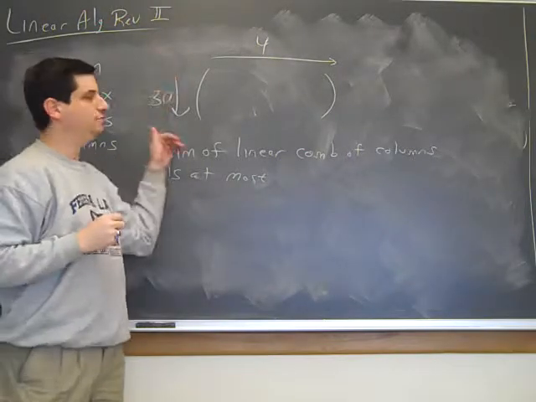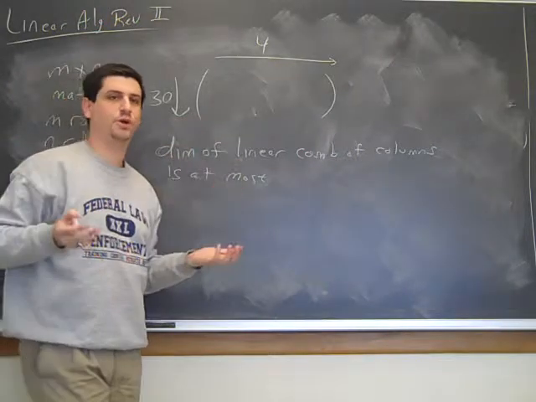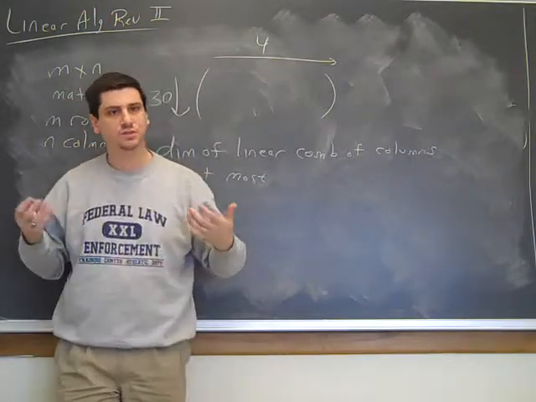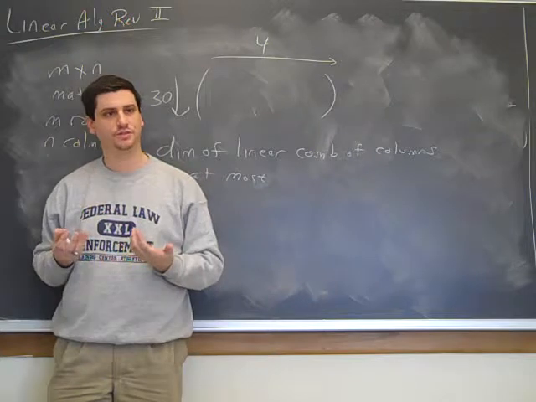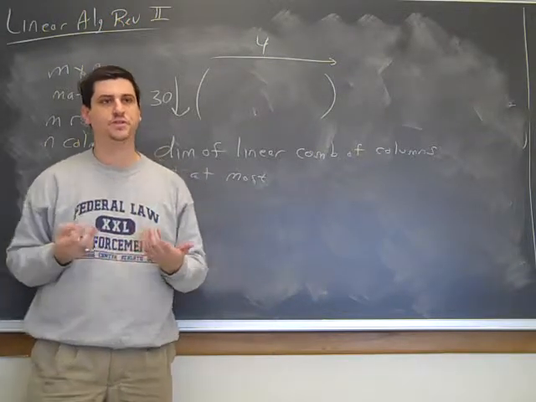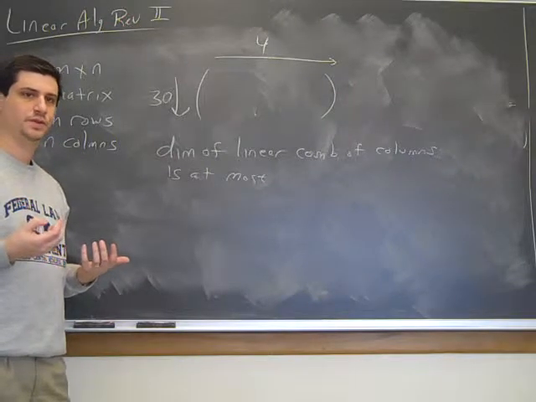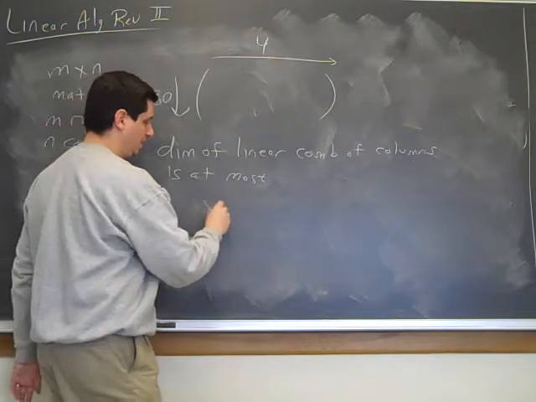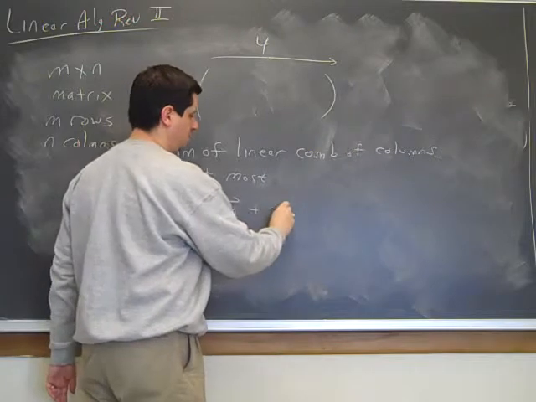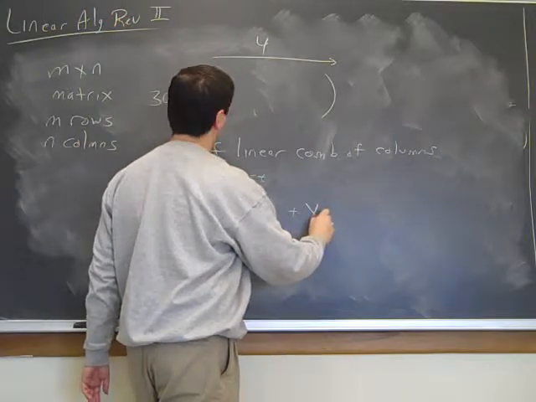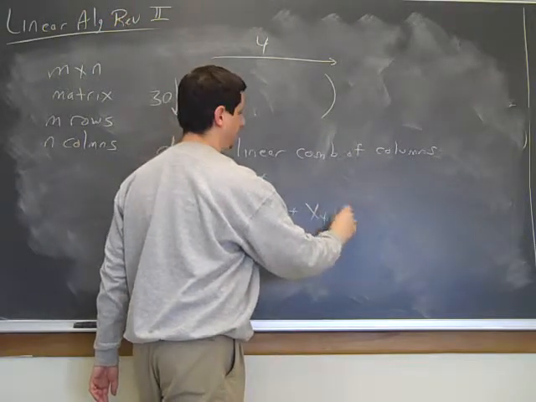So I have 30 rows and 4 columns. Best possible case, what could be the dimension of the result? The dimension of the column space, the linear combination of columns. So it's going to be something like x1 v1 plus up to x4 v4.